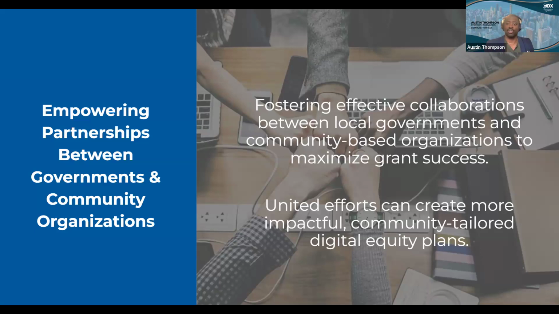Number three, a central backbone structure. Now, we talked a little bit earlier about the eligible entities, and I think it's clear from what I said earlier as well that not every organization is best positioned to receive federal funding. And so some people talk about it as a backbone structure or a hub and spoke model.